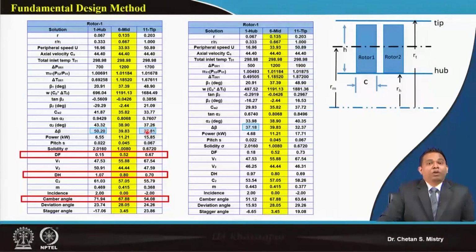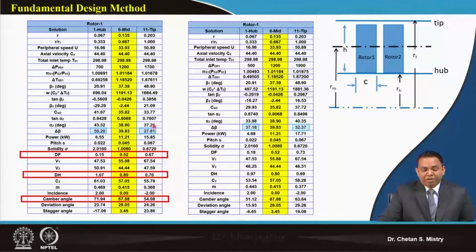What it indicates is that now you need to play with your parameters. For our design, at the hub we have taken the total pressure rise as 500 Pascal, and that gives me delta beta as 37.18. You can compare these numbers.